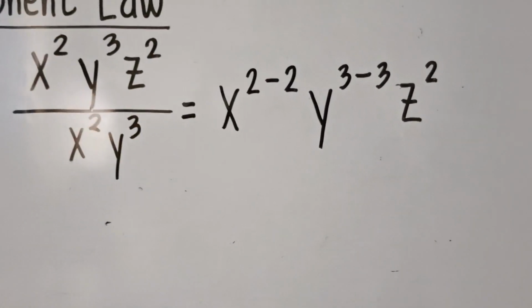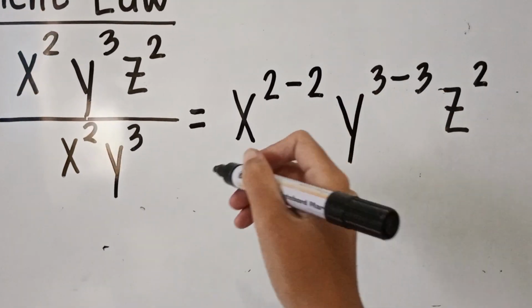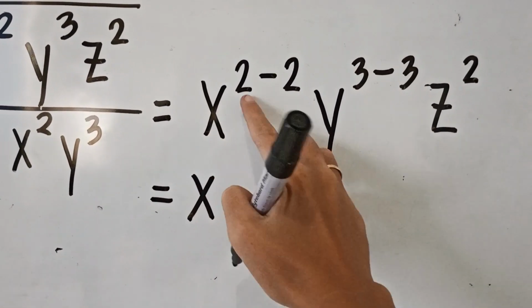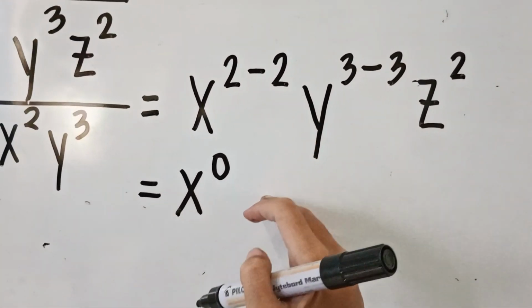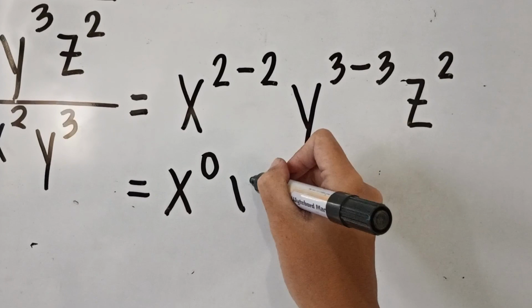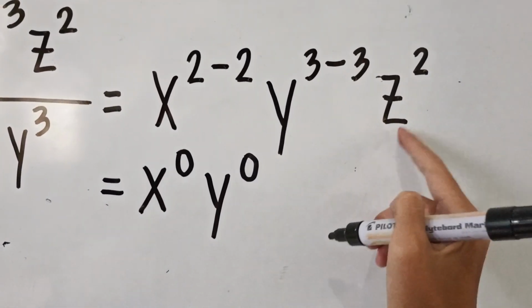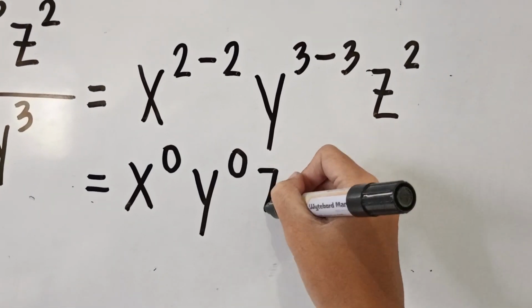Okay, now let's do the operation. So we're gonna have x first, and then 2 minus 2, that will give us 0. Then y, 3 minus 3, that will also give us a 0, and z squared, we're just going to copy that one.